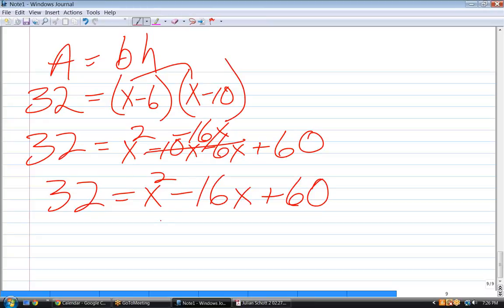If I factor this expression, I don't need to because it came factored. But when I tell you that x minus 6 times x minus 10 is equal to a number, I can't solve it. But if I tell you that a quadratic is equal to 0, I can solve it. So how do I make one side equal to 0?